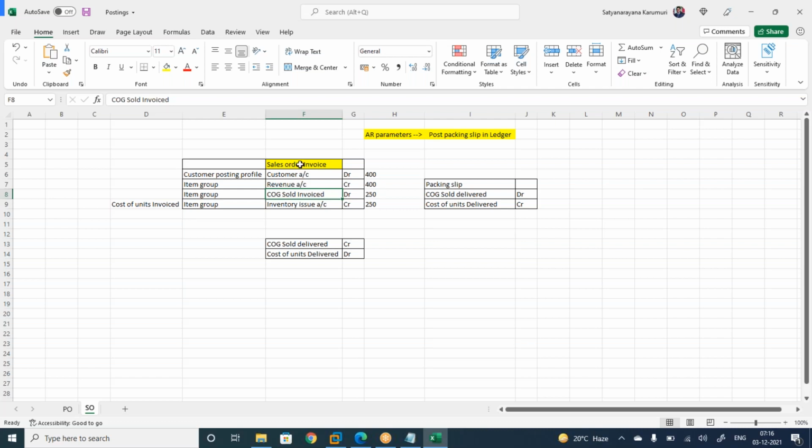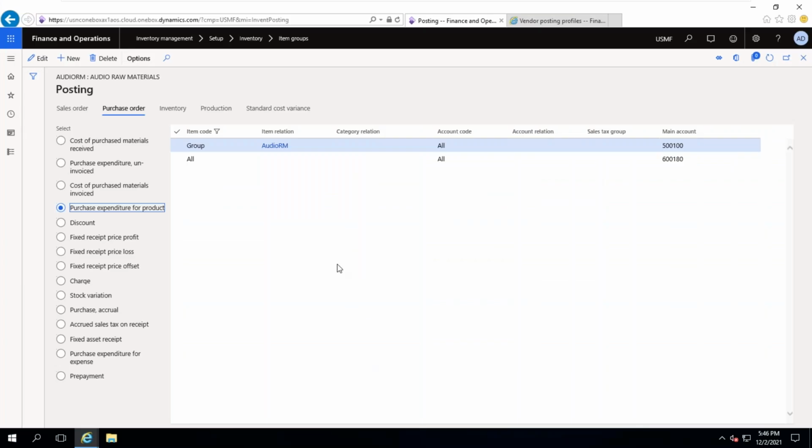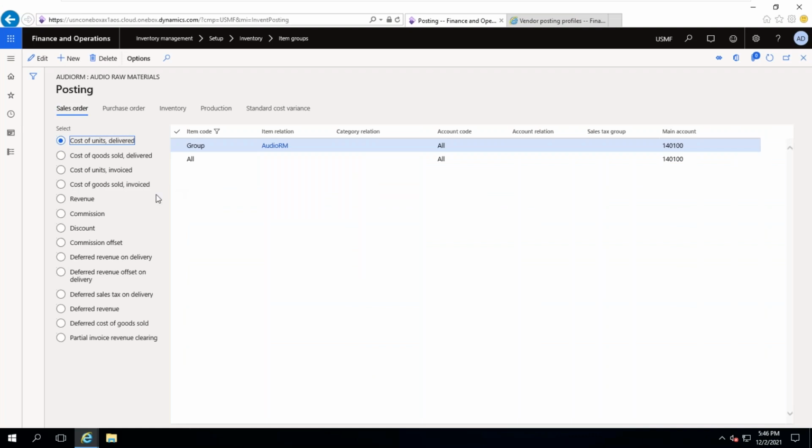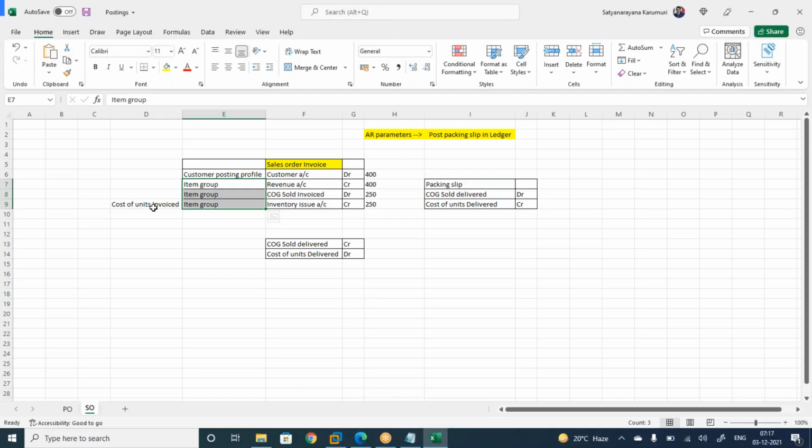It will be calculated. For the sales order invoice, all these accounts will be posted from the item group. It will be mapped in the item group. If you go here, under sales order you will find the revenue account, the cost of goods account, and inventory. It is called cost of units invoiced.